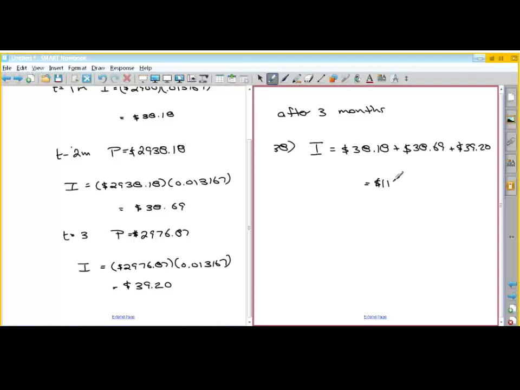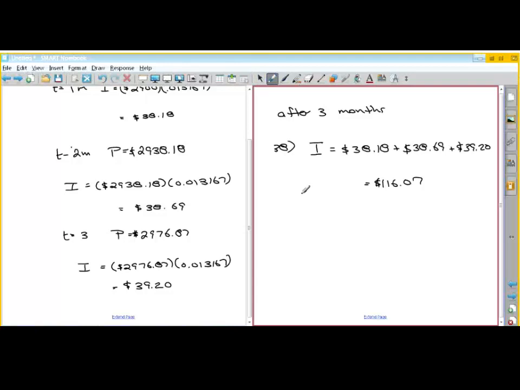So that's the total amount of interest that's due, plus the original money I borrowed, the $2,900. After 3 months, I had to pay $2,900 plus 116.07. If I paid it just before 3 months, I just paid the $2,900.